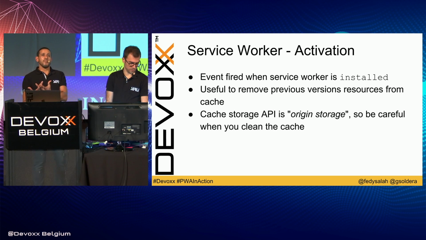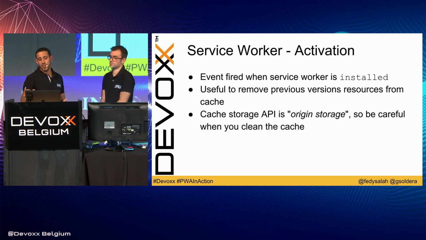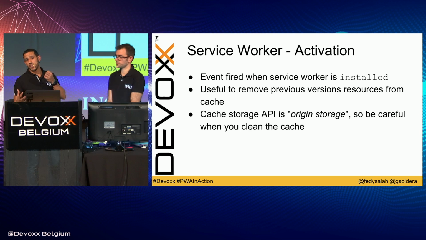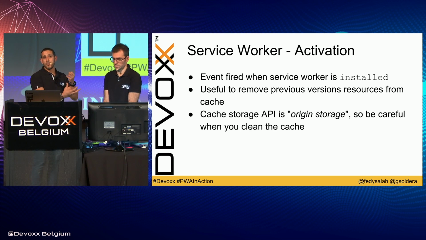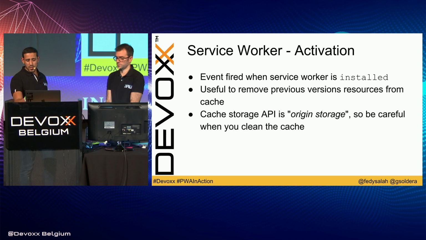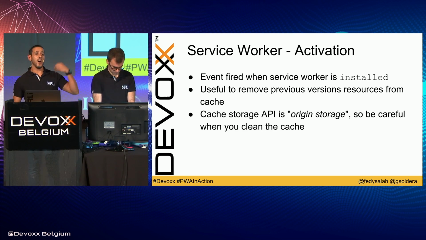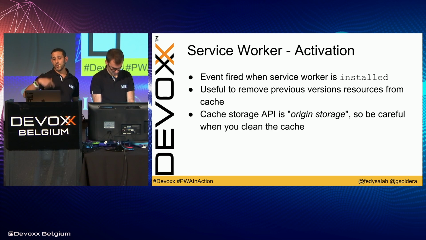Since it's a newer version, it might be a good place to remove the previous cache, because the implementation has changed, so maybe the static assets have changed. It's the right place to remove the previous version of the assets, and let the fetch call the server and get the latest snapshot of our data and refill the cache again.